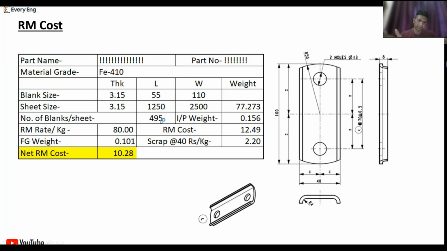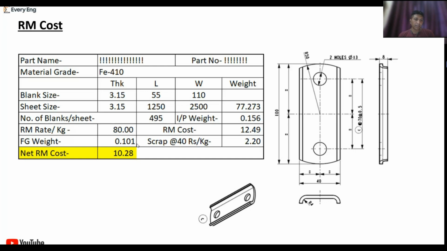We definitely discussed it, and you can calculate 1250 divided by 55 and 2500 divided by 110, and you multiply each other and take the round figure.